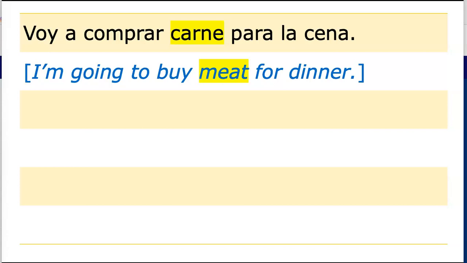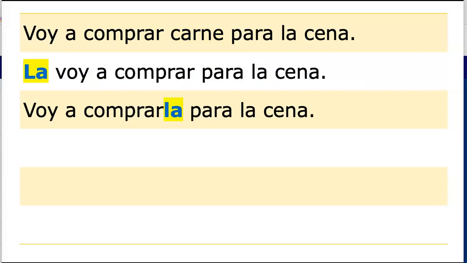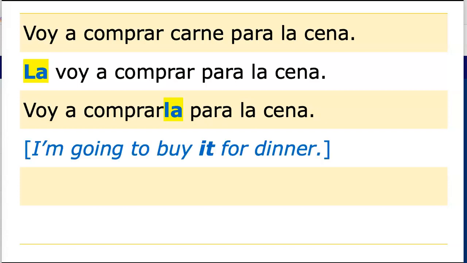So we're going to use the direct object pronoun la. And we have two choices. La voy a comprar para la cena or voy a comprarla para la cena. It's our choice as the speaker where we want to put the word la. And once we use the pronoun, it means I'm going to buy it for dinner.